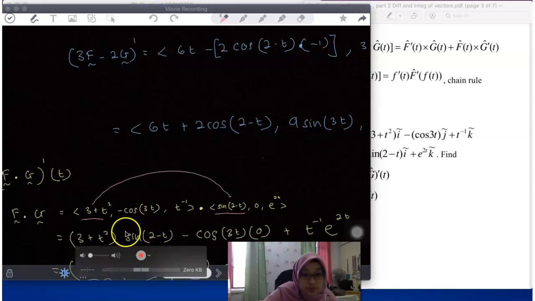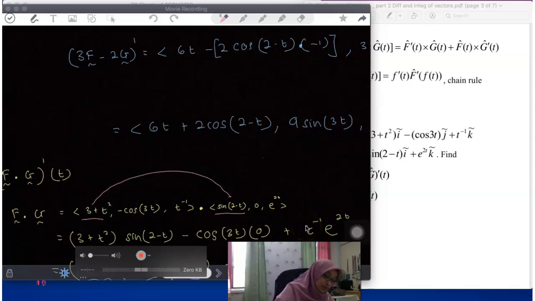That's why we got 3 plus t squared, sine of 2 minus t. The second term, the y component, is negative cos 3t multiplied by 0. The last one is 1 over t, or t to the power of minus 1, multiplied by e to the power of 2t.